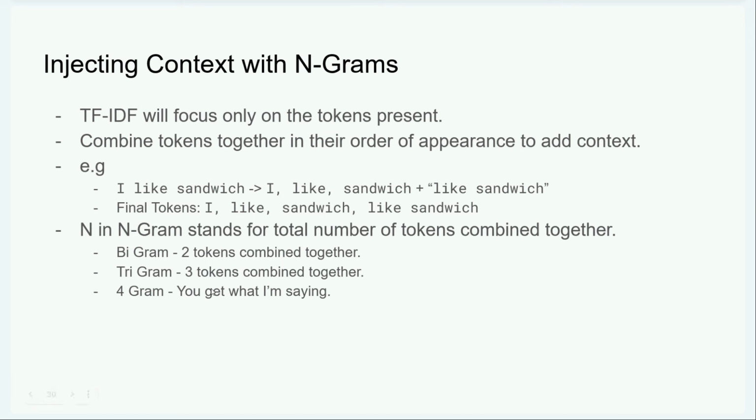When you do something like this, you also run into the risk of introducing sparsity, because let's say if I start considering all the possible 2 gram tokens in this sentence, I would have I like, then I would have like sandwich, right?